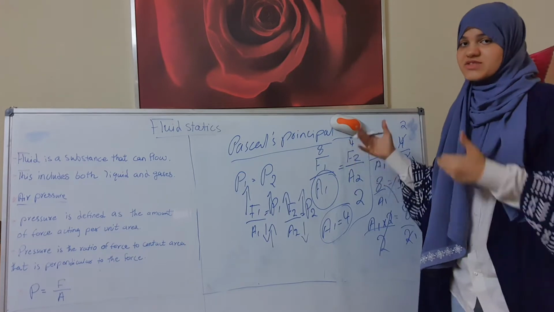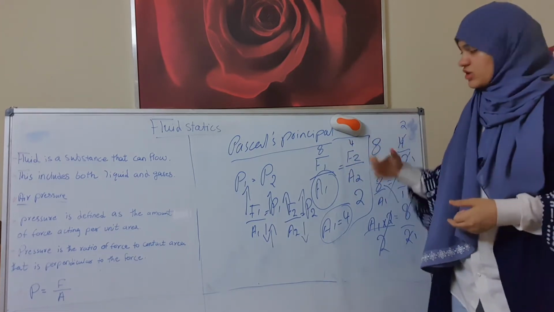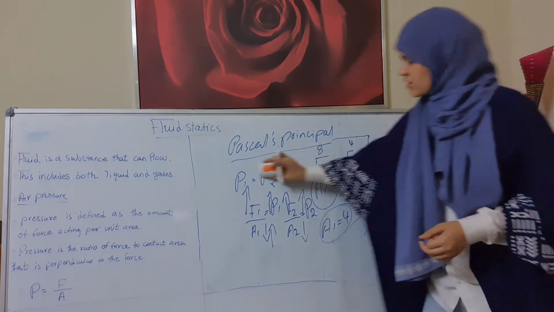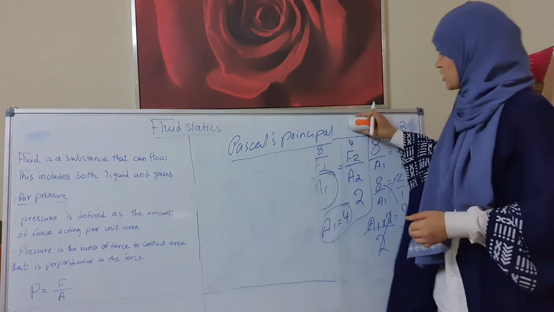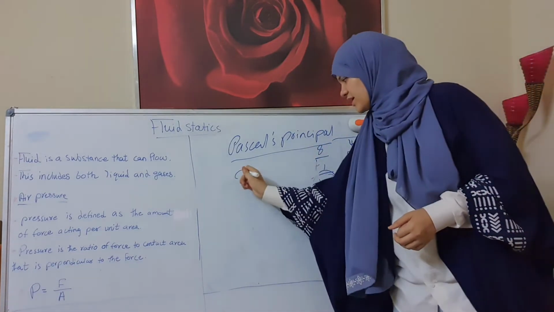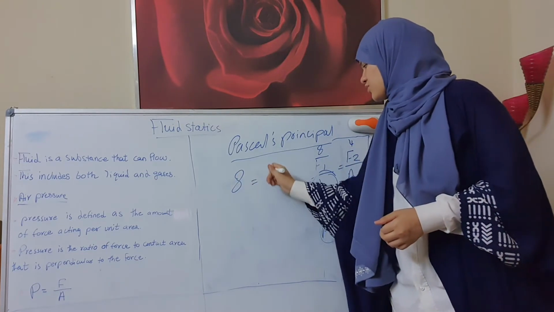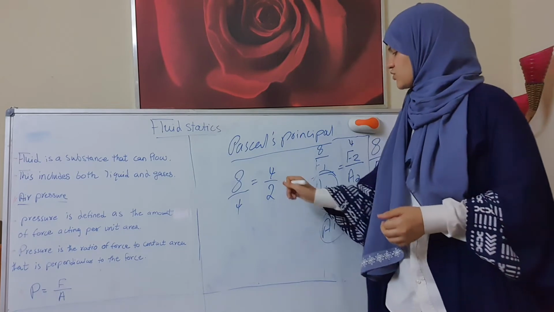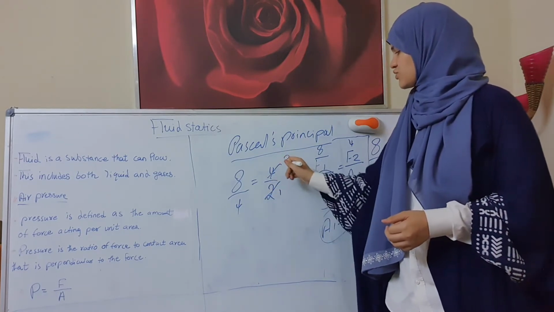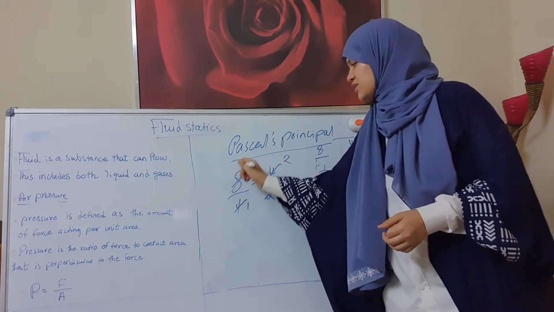Can we check if this answer is correct or not? Yes, we can check. If we do the same thing, 8 over 4 is equal to 4 over 2, so here by 1 and here by 2, here by 1 and here by 2.